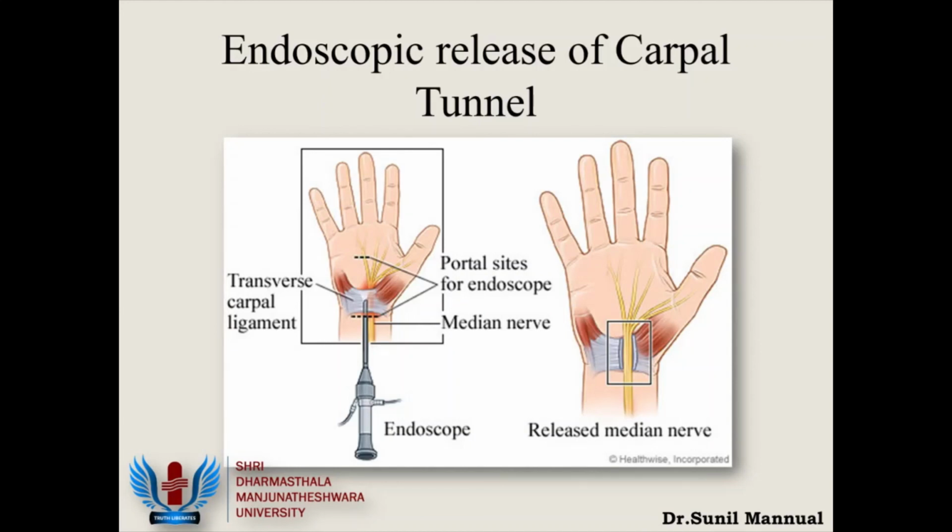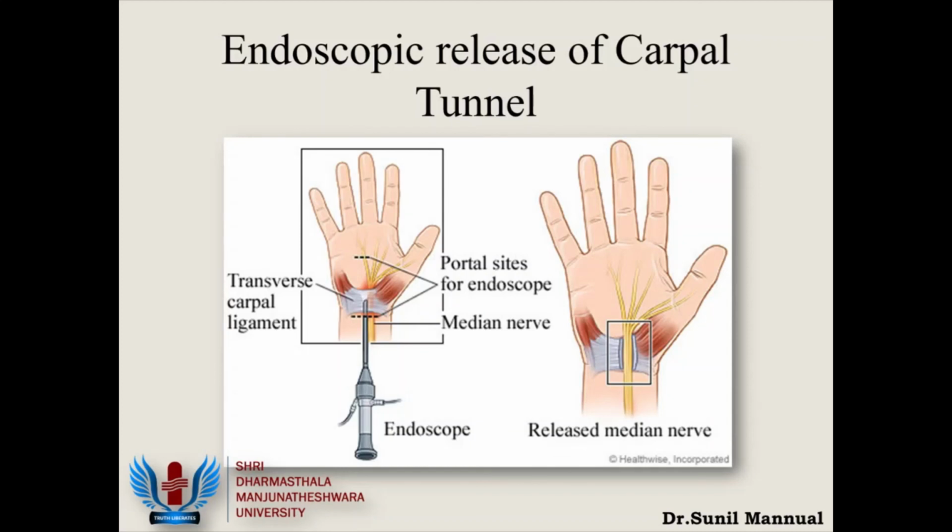But again, like in most minimally invasive procedures like endoscopy and arthroscopy, over a period of time with increasing surgeon's confidence, surgeons should be able to do a complete release of the carpal tunnel using the endoscopic method. So the endoscopic method is slowly gaining popularity, but it's not available in most centers.